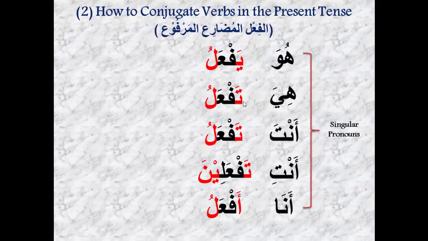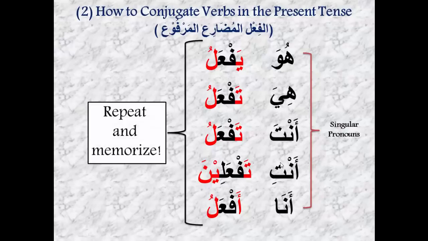And the ana has a hamza, ana af'alu. And notice how we have the lam with a dhamma for huwa, hiya, anta, and ana. Yaf'alu, taf'alu, taf'alu, af'alu. And then for anti, we have a longer form, taf'alina. So please repeat and memorize this. Huwa yaf'alu, hiya taf'alu, anta taf'alu, anti taf'alina, ana af'alu. Just like that. Repeat and memorize.